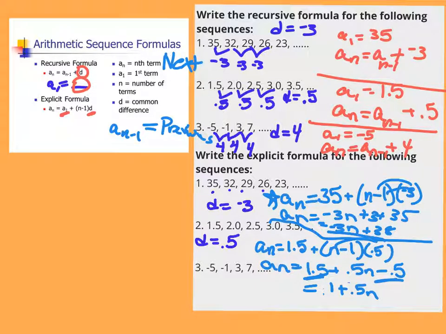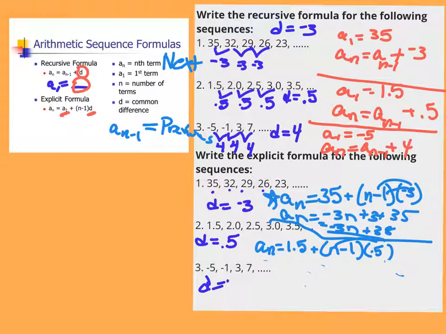All right. And then for our last one here, I'm going to make a little room, so I'm going to need to erase this a little bit. Our next sequence that we're looking at is getting larger. And we recall from the number 3 sequence above that our constant difference was 4.